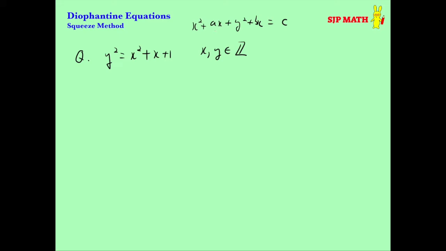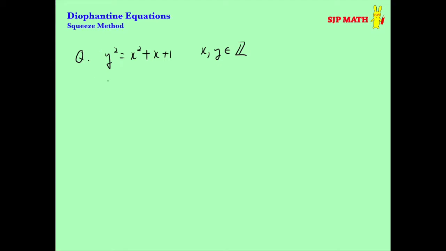But remember this is supposed to be 2a and 2b, and a and b have to be integers. In this case, a would be equal to half because 2a is equal to 1. So this sort of factorization to make it into a sum of squares, or in this case difference of squares, is not possible. Therefore we cannot use this, and we're going to use another technique called the squeeze method.